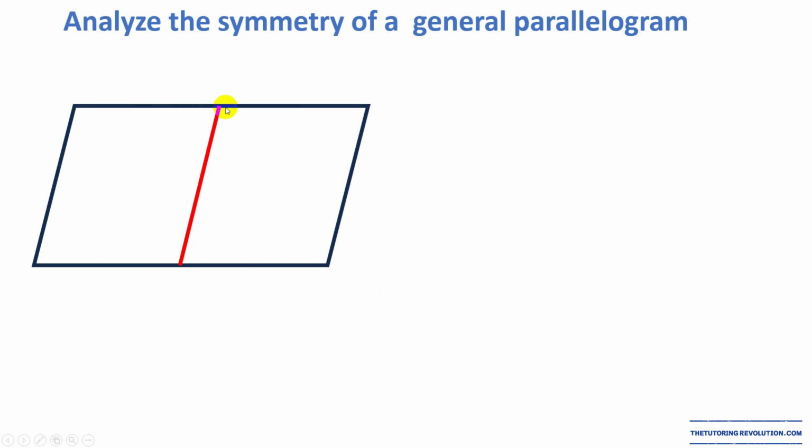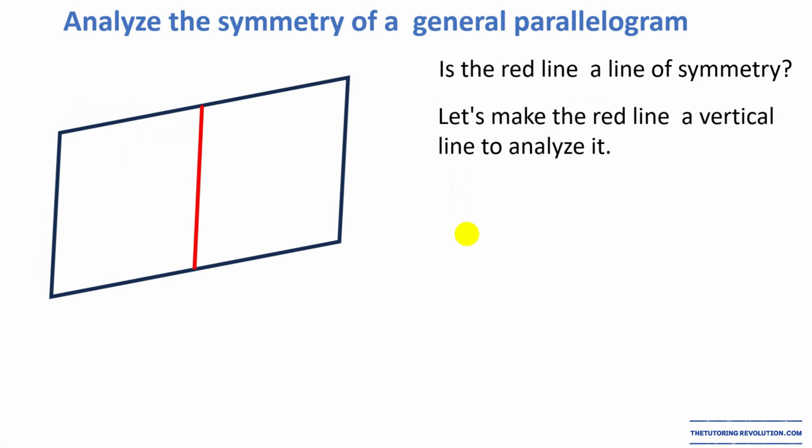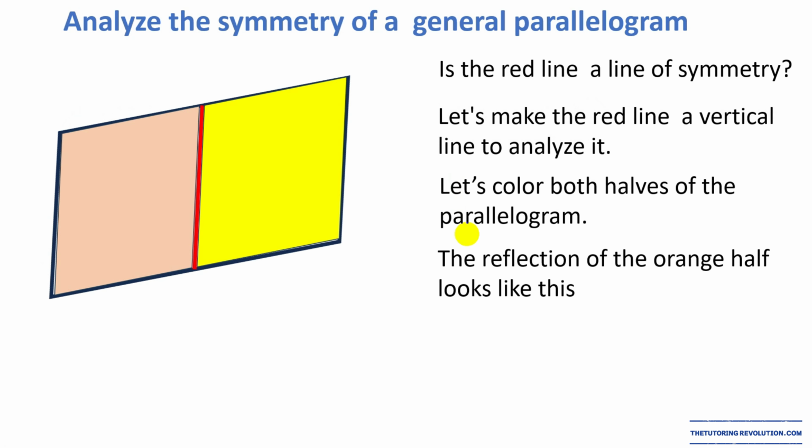Let's draw another line, this red line, and let's see if these two halves are a reflection of each other. So again, we're going to make the red line a vertical line to analyze it, like this. We're going to color both halves, yellow and orange, and we're going to reflect the orange half, like this.